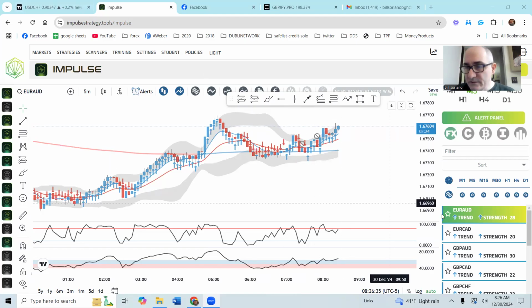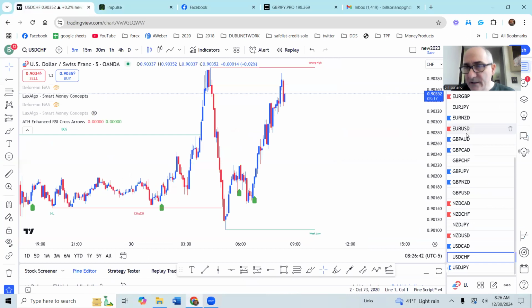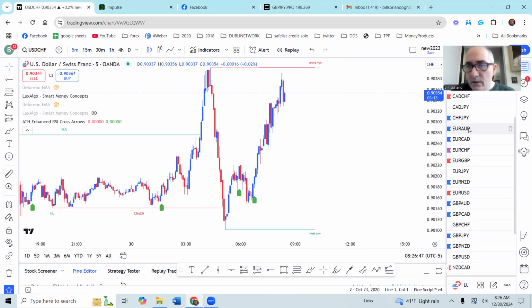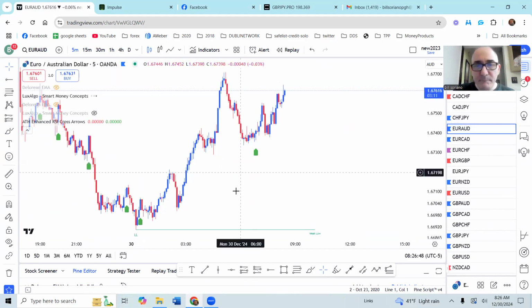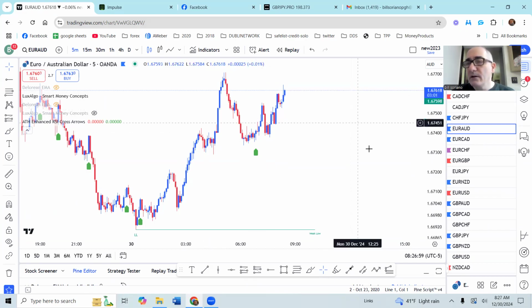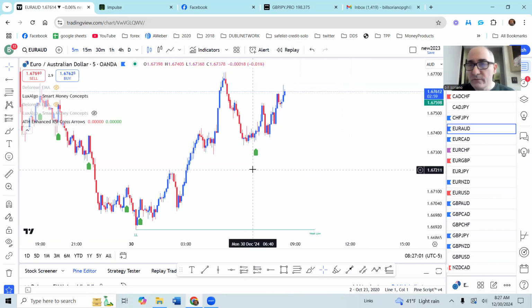Okay, and so this is what this morning looked like. If you look at EURAUD, if we go over to our TradingView chart here, we're on the 5 minute, and this is our custom indicator right here. So again, if you're following along with the strategy we're using, first we check impulse. We want to trade only the pairs where all the time frames are synced up.